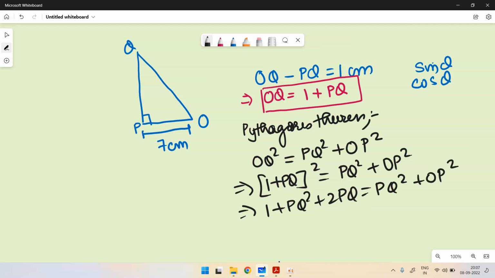Now if you see from this, 1 plus PQ square plus 2PQ equals PQ square plus OP square. PQ square and PQ square get cancelled, and it is given in the question that OP is 7.